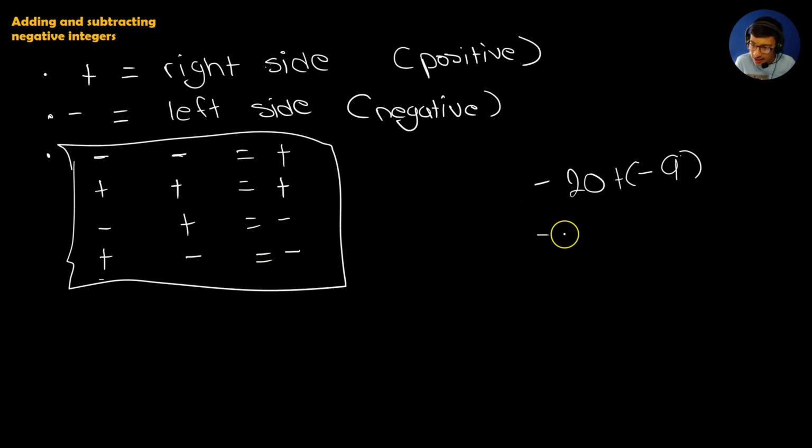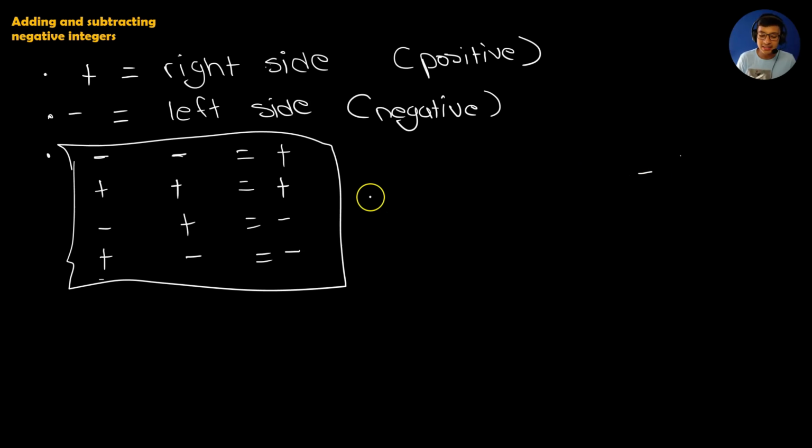So it's trying to say negative 20, minus 9. Negative means going to the left side, the negative side. So negative 20 minus 9 equals negative 29.